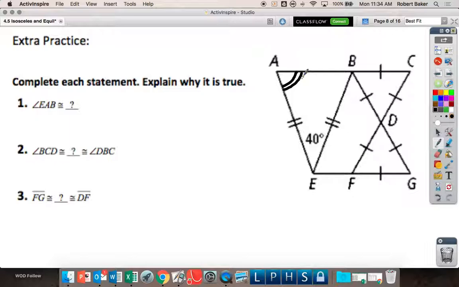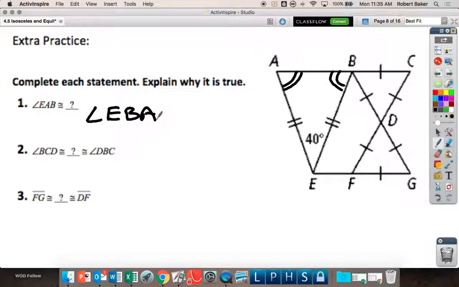Well, you haven't even seen your test yet, have you? And he said angle EBA. Correct. Angle EBA. And can you justify why those two are congruent? Base angles theorem. Right, and you can say the isosceles triangle theorem if you'd like.